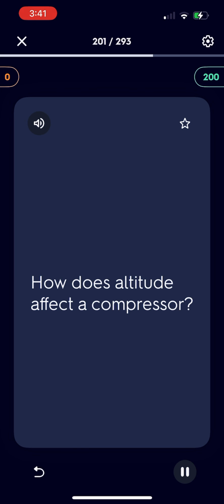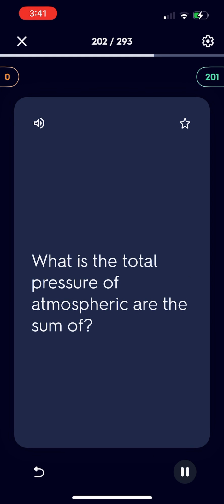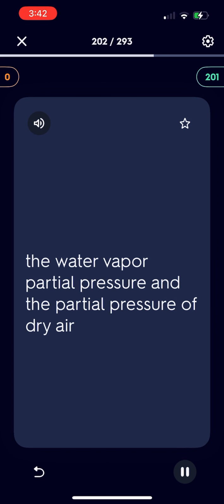How does altitude affect a compressor? Higher altitudes reduce the mass of air that can be compressed. What is the total pressure of atmospheric air? The sum of the water vapor partial pressure and the partial pressure of dry air.